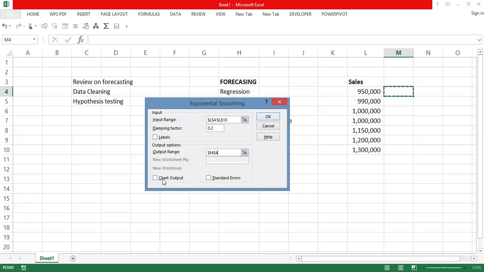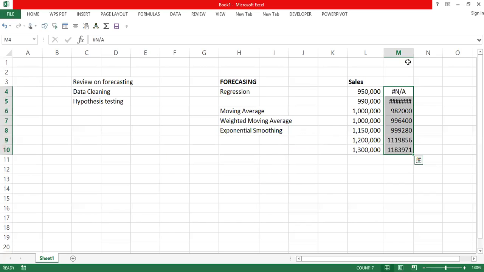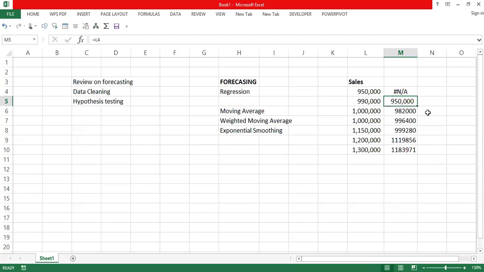If you want more information, you can check these ones. Click OK. So it has done my forecasts for me, the projections, sales forecasts.